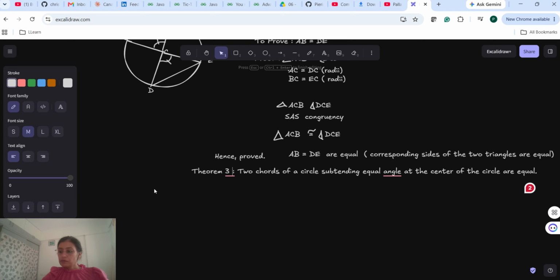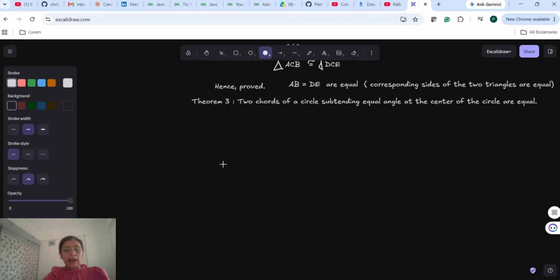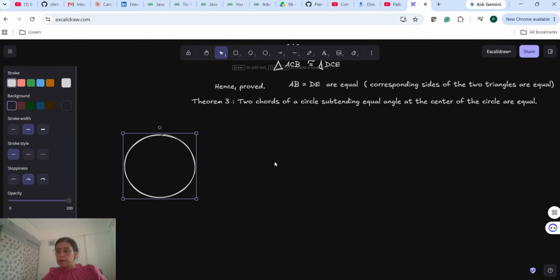So for that, we make a circle. And we make these two chords. This is one chord. This is the second chord.